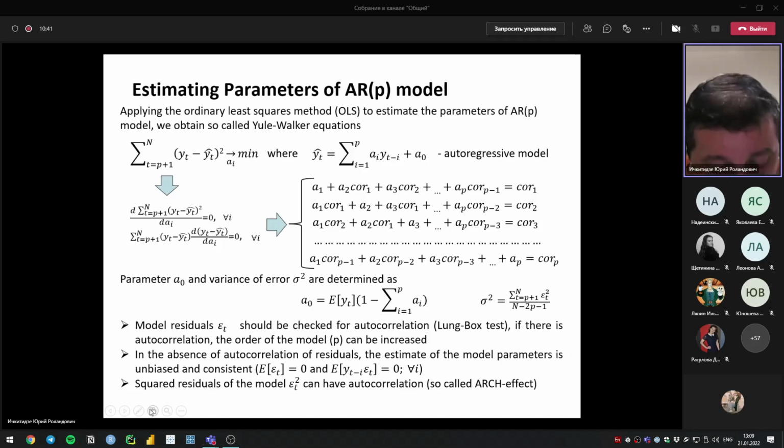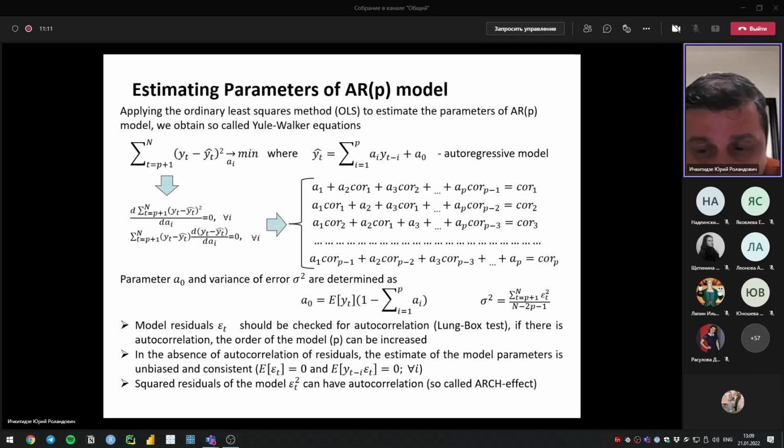The unbiasedness and consistency of our estimates is guaranteed by this lack of autocorrelation of residuals. But looking ahead, another effect is that the square of the residuals of the model, that is epsilon squared, has autocorrelation, while epsilon t itself should not have autocorrelation.